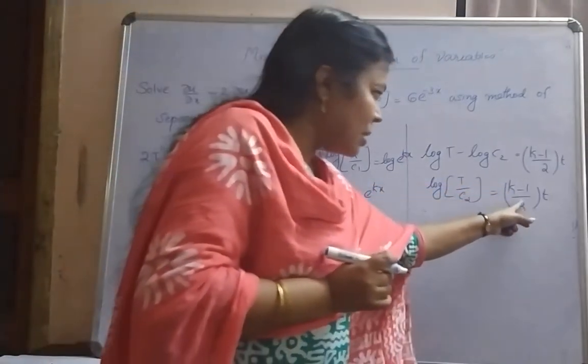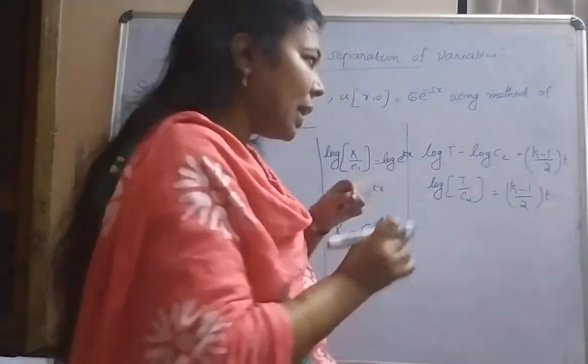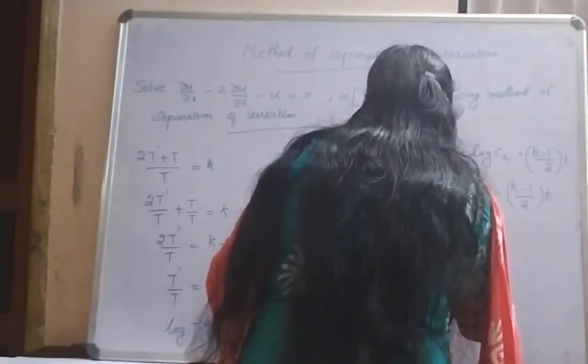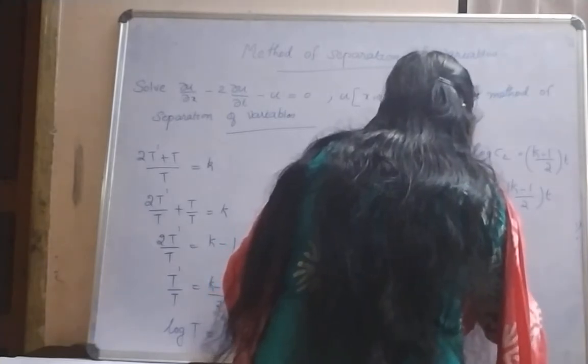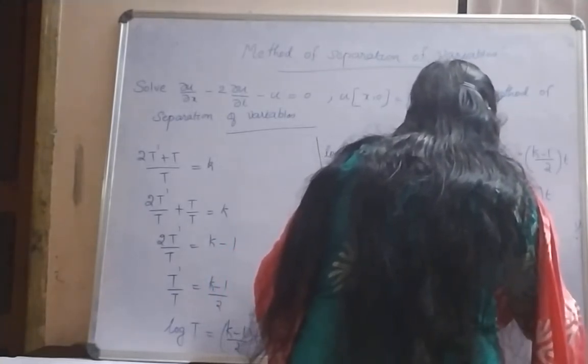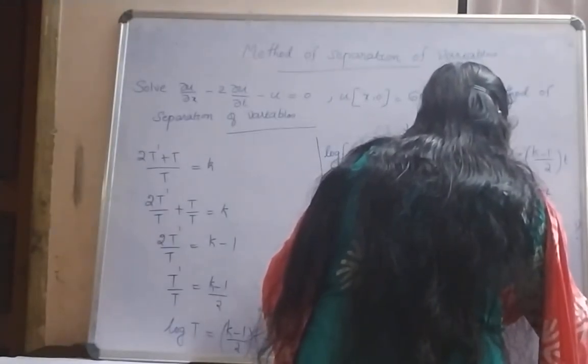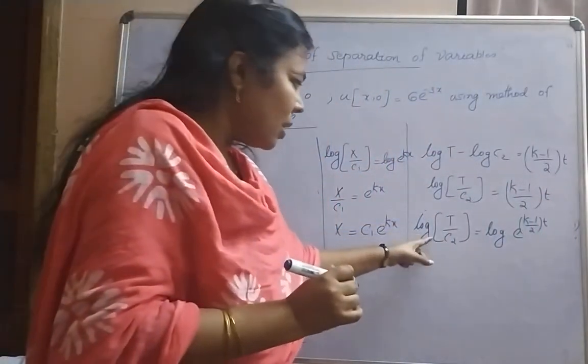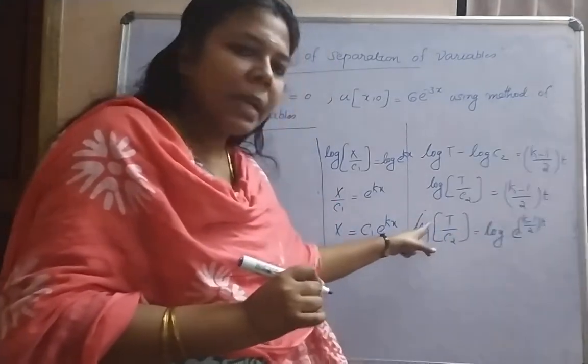Here, this (k minus 1)/2 into t can be written as log (T/C2) equal to log e raised to (k minus 1)/2 into t. Now these two logs get cancelled.